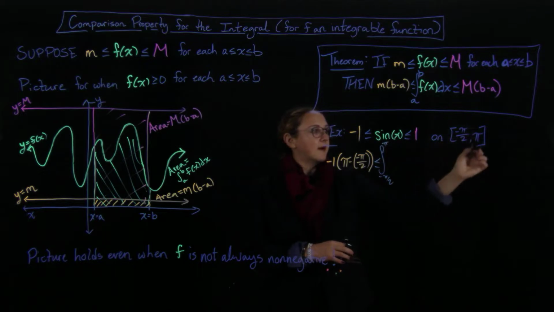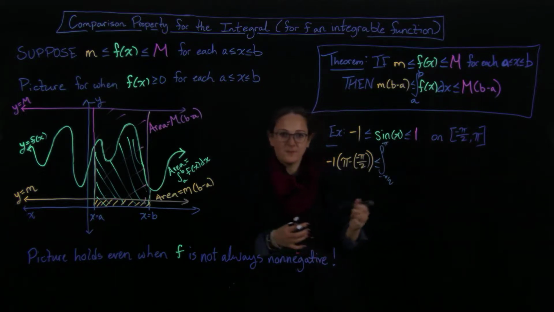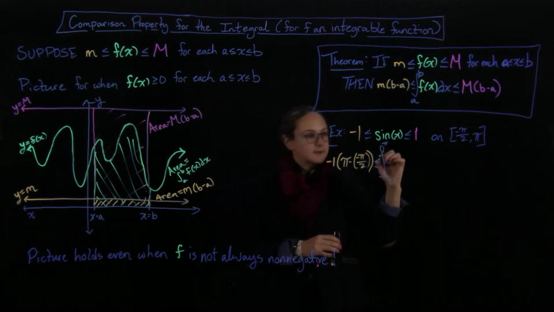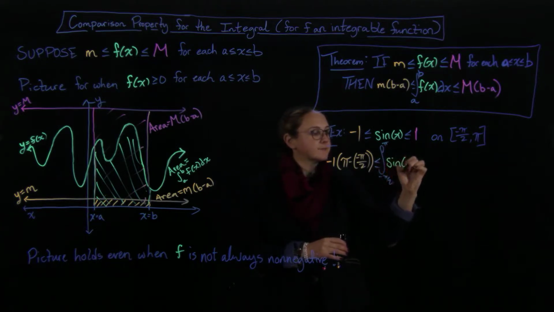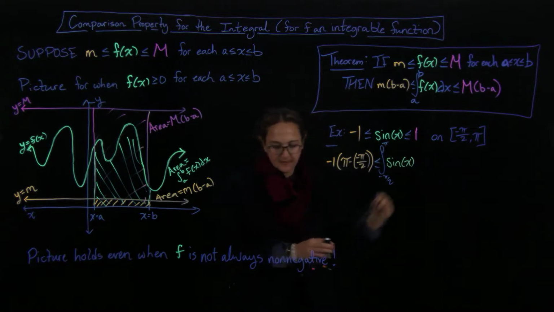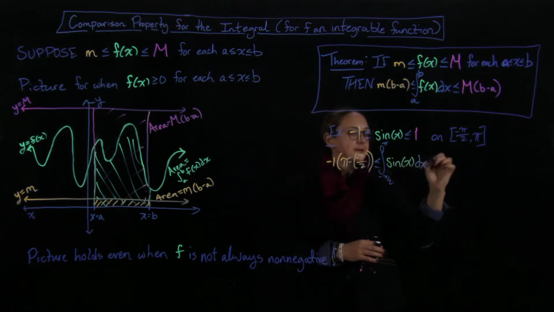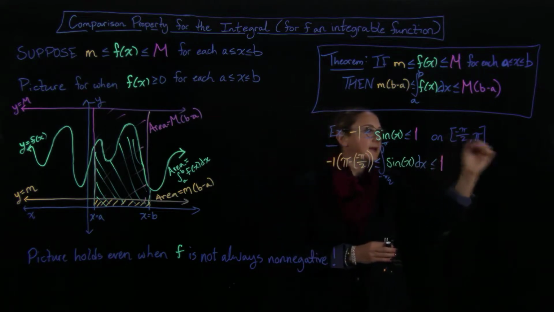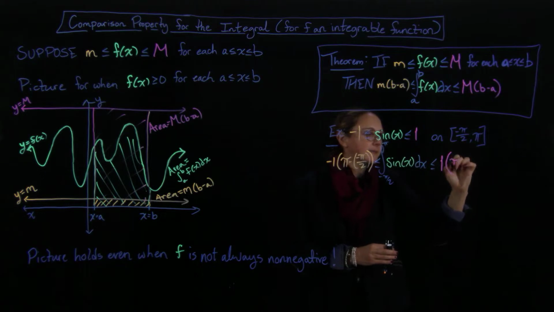So the integral on this interval of sine of x dx is then less than or equal to 1, and then again times the width of that interval. So that's pi minus pi over 2.